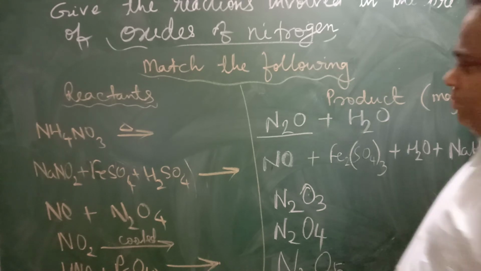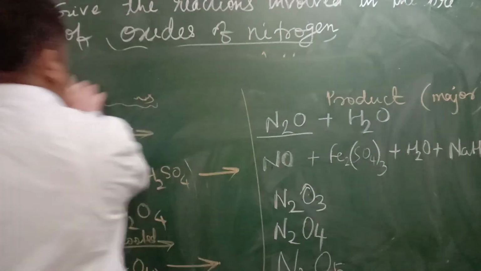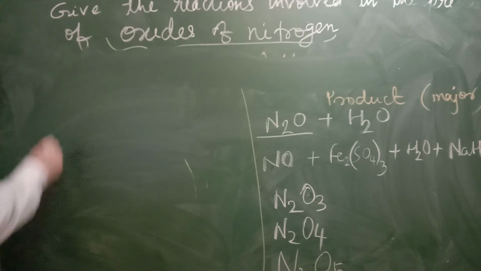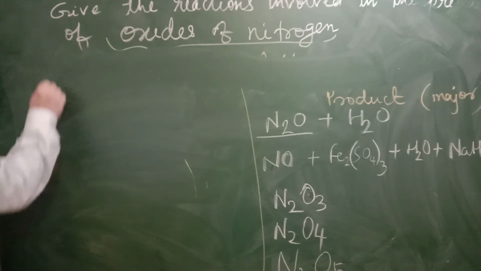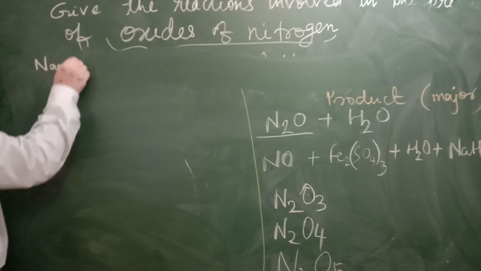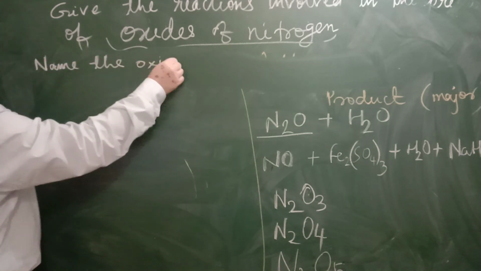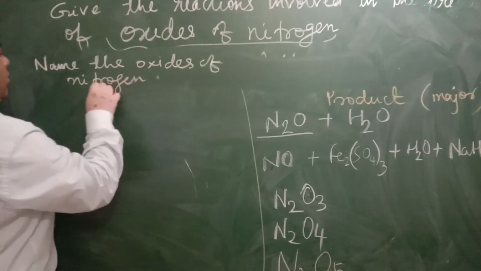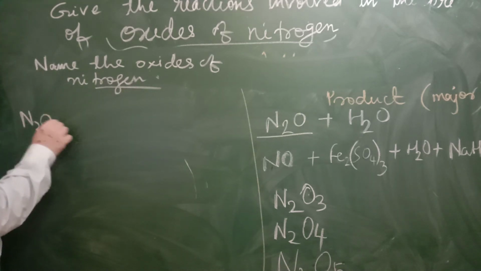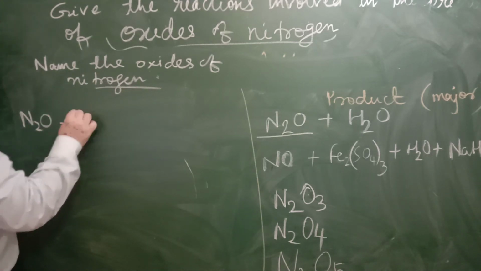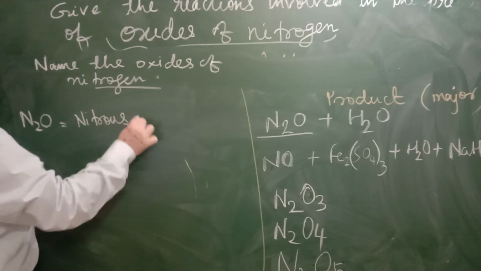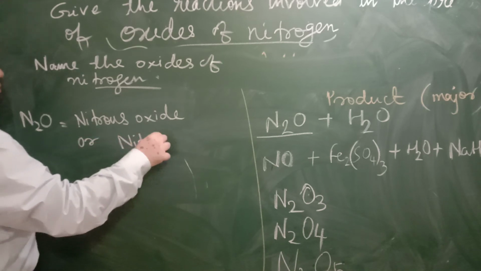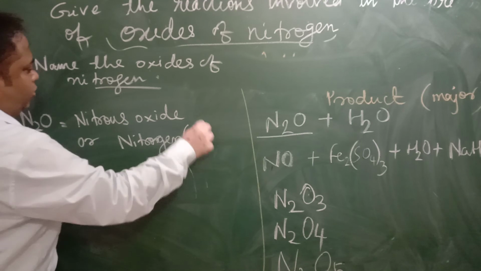Next, I will take this much and then I will try to name these. Name the oxides of nitrogen. N2O: this will be dinitrogen oxide or nitrous oxide, or nitrogen(I) oxide.